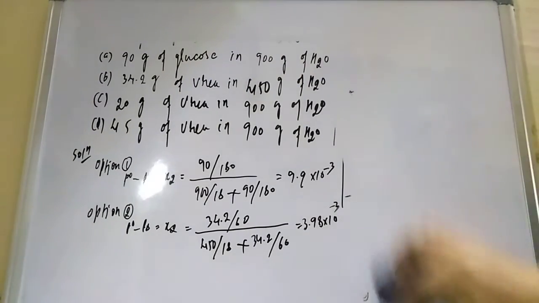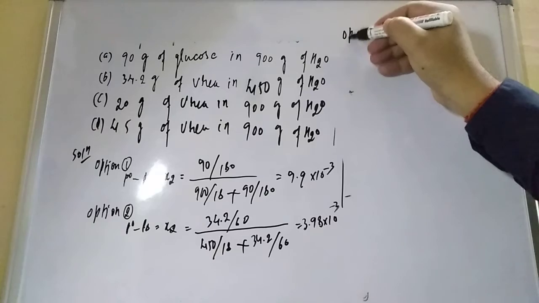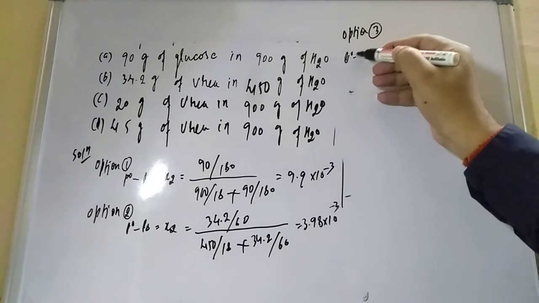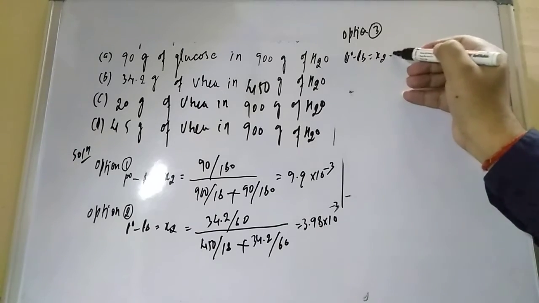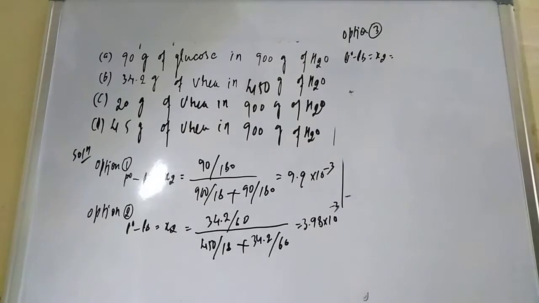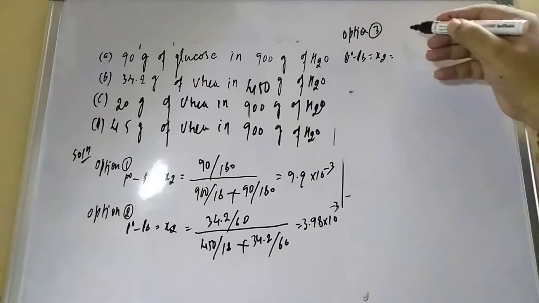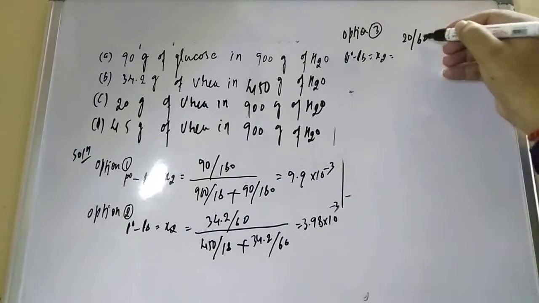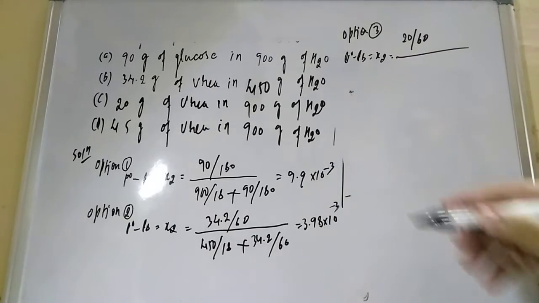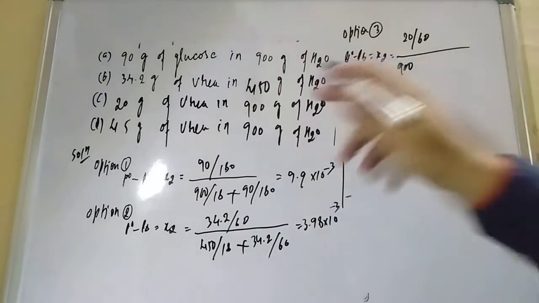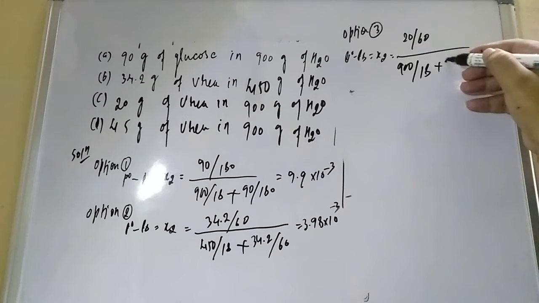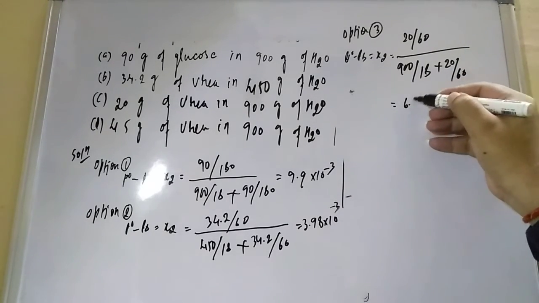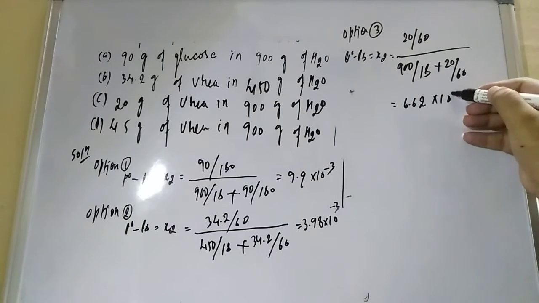So for option third, P naught minus PS equals X2, and we apply the same formula, student. W2 is 20 gram urea, so 20 by 60 divided by 900 gram of water, 900 by 18 plus 20 by 60. If you check, student, it comes to 6.62 into 10 power minus 3.